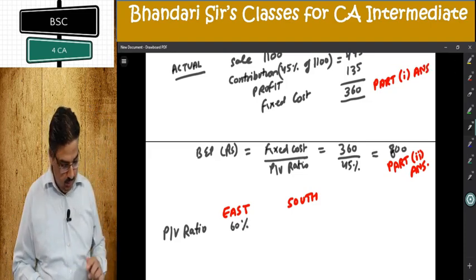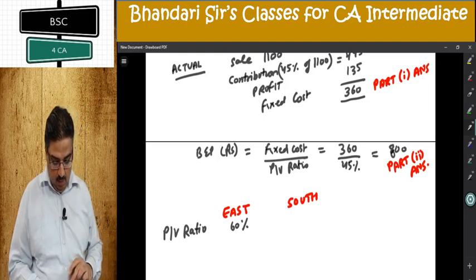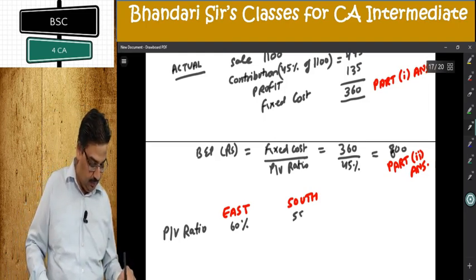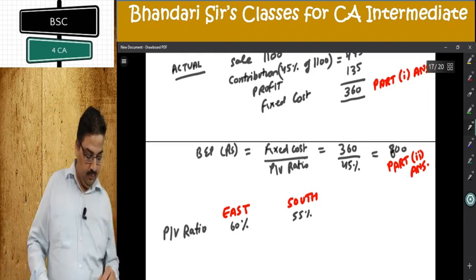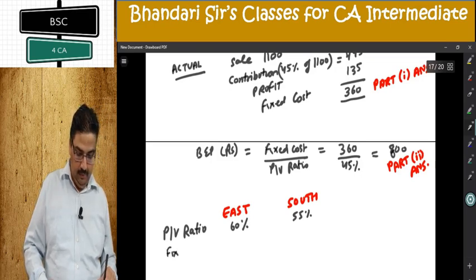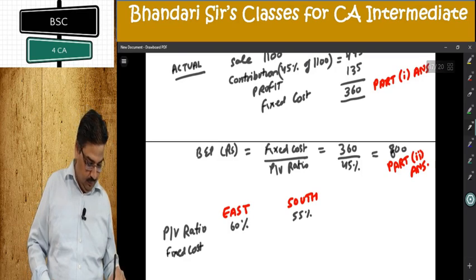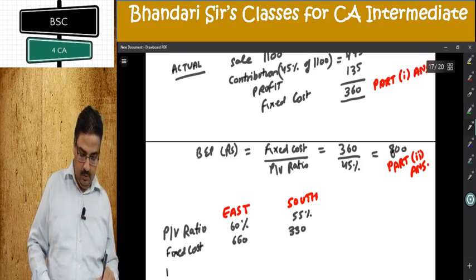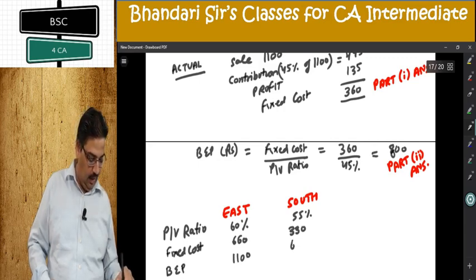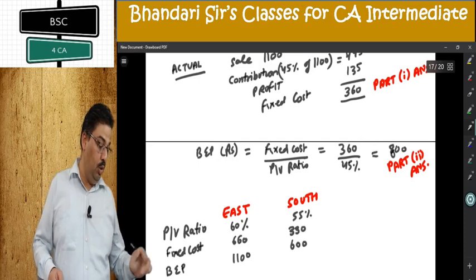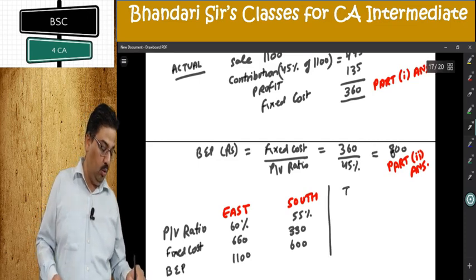In south, it is 110 on 200, that is 55%. Then fixed cost you will get 660 and 330, and break-even point you will get 1100 and 600. Once you add all three, you will get the total.